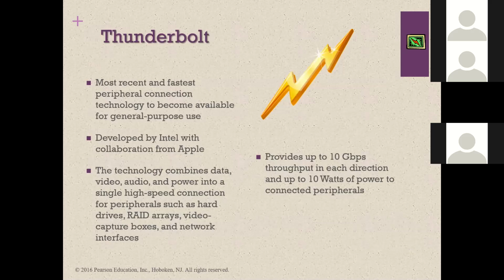The technology combines data, video, audio, and power into a single high-speed connection for peripherals such as hard drives, RAIDs, video capture boxes, and network interfaces, and so on. It provides up to about 10 gigabits per second throughput in each direction, and up to 10 watts of power in the connected peripherals.